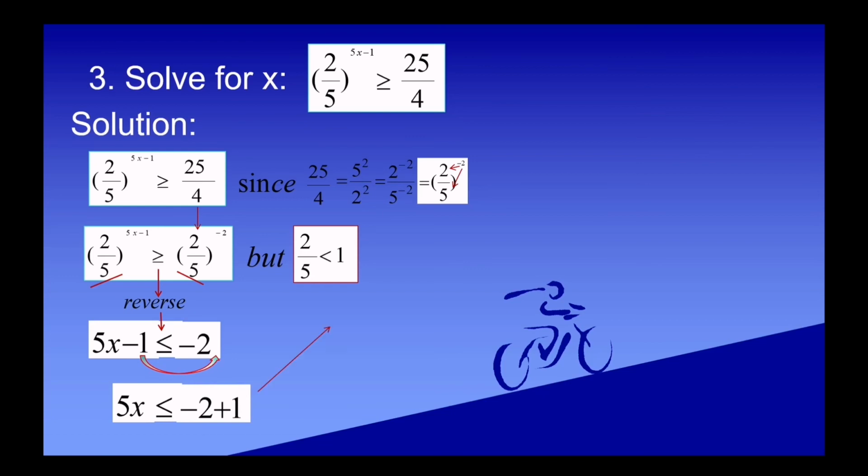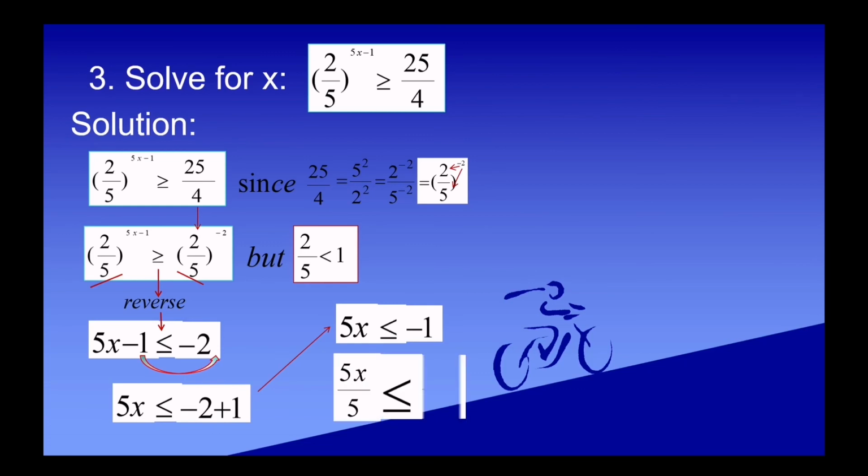So negative 2 plus 1. Then 5x is less than or equal to negative 1. Then divide both sides by 5. Okay, it's less than or equal to negative 1 over 5. So cancel. 5 divided by 5 is x. Less than or equal to negative 1 fifth.